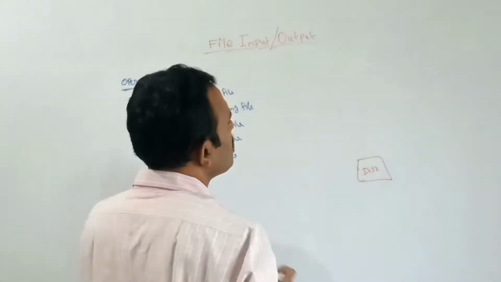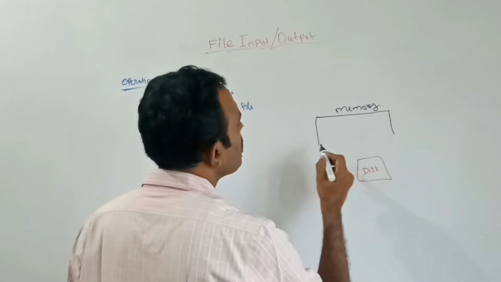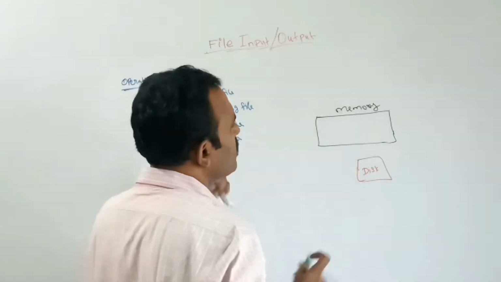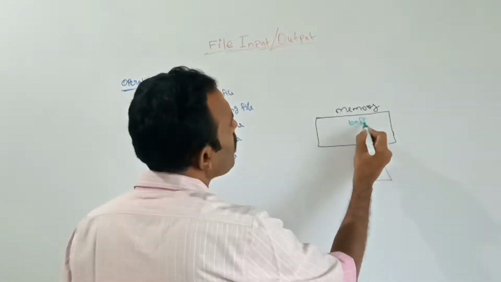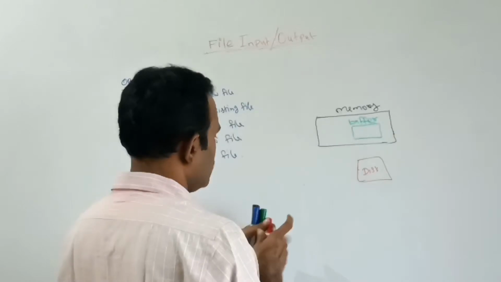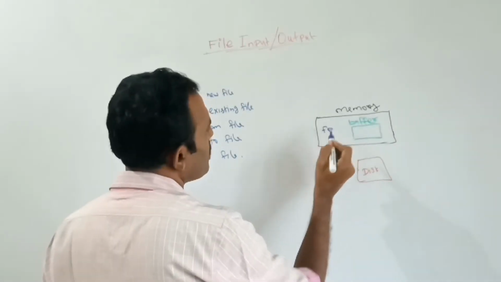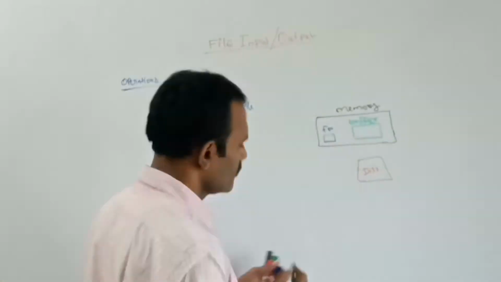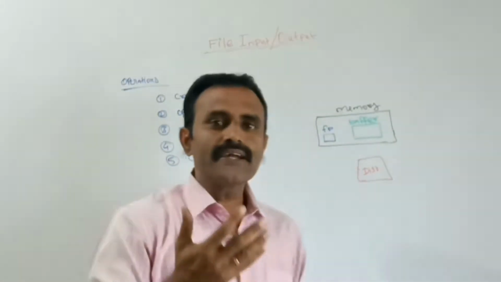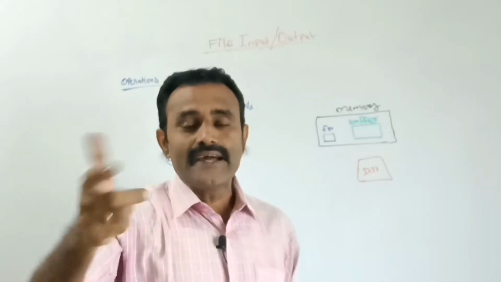This one is memory, the buffer. Next, this one is the file pointer variable. Whenever we are reading or writing a file, it will not directly write to the disk.